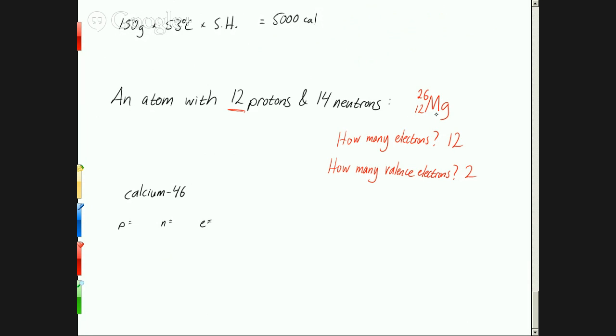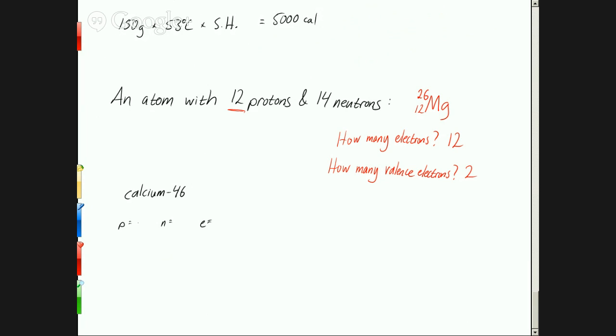If you like to put it there, that's fine. When we do nuclear reactions in a few weeks, it can be useful to have it there, because those numbers will actually change in a reaction. Good question.